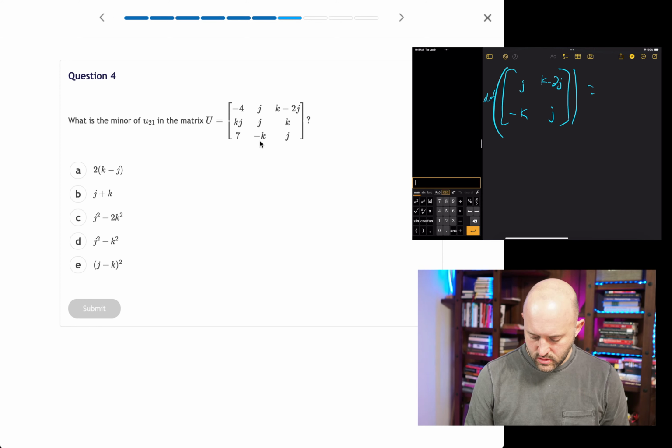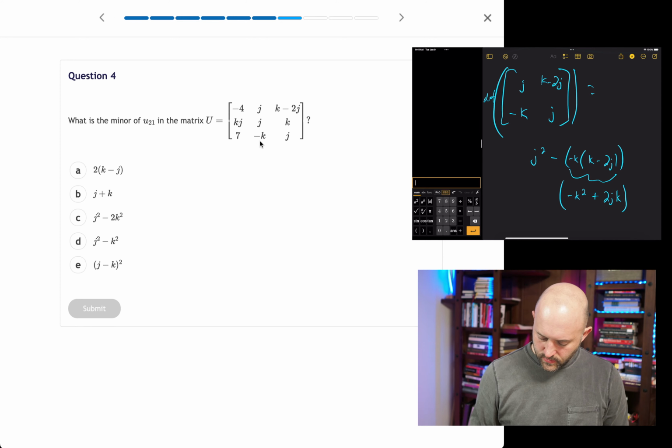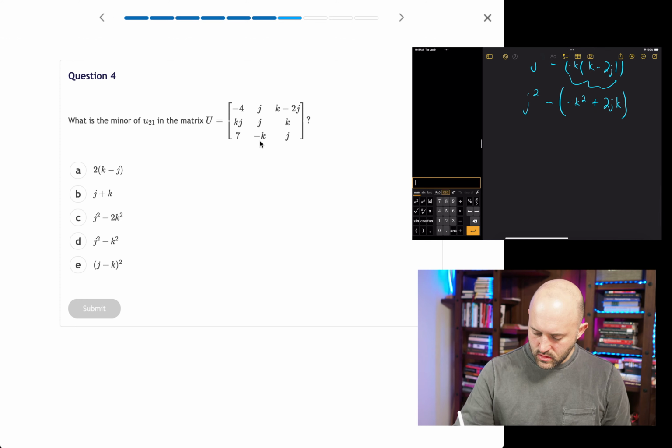So it's j squared minus negative k times k minus 2j. So this part is negative k squared. And this part is positive 2jk. And it's j squared minus this. So let's just go through.